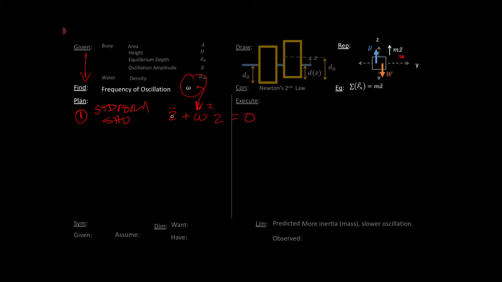z equals 0. We don't have any other expressions for z double dot, so we'll have to find that. And we don't have one for z, but this is something that's always going to be true. When you're finding the standard form of the simple harmonic oscillator this way, you don't need an extra equation for z. It's okay.